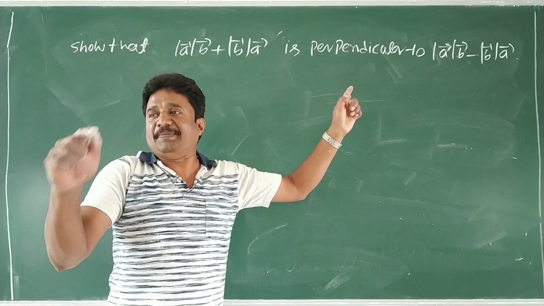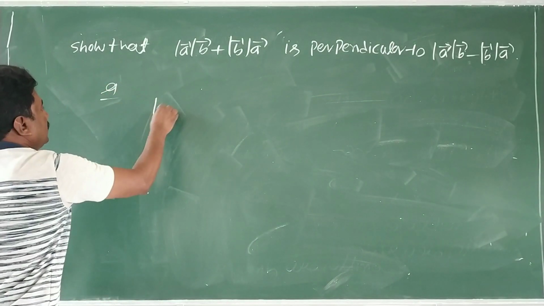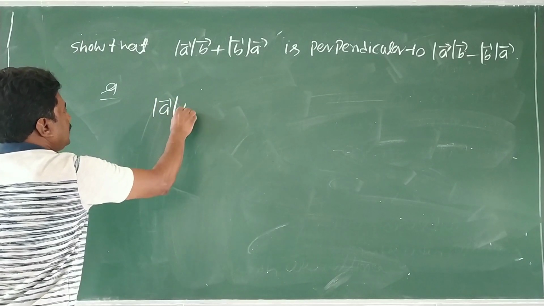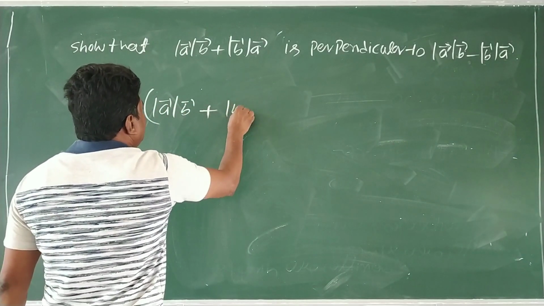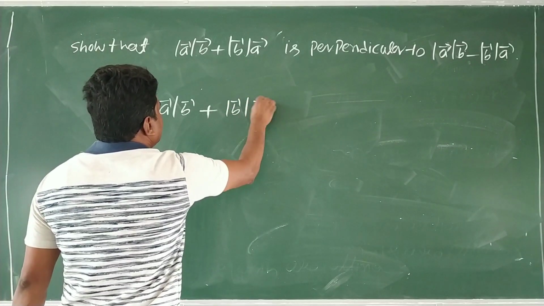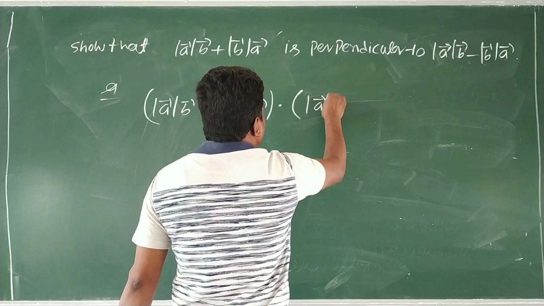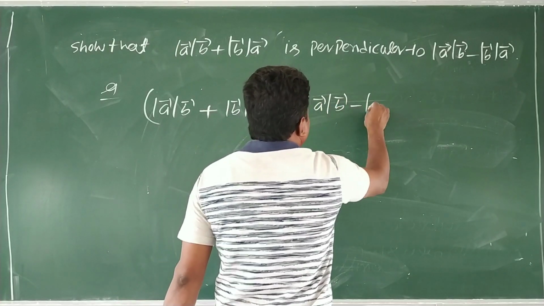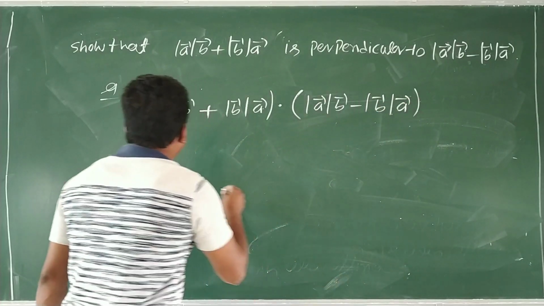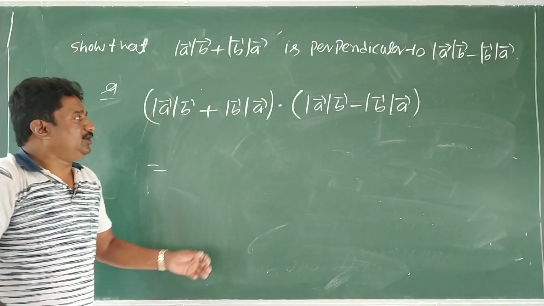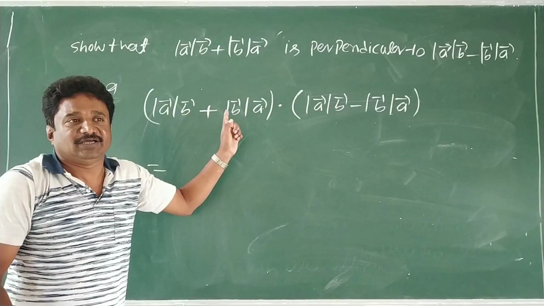Solution. So let's find out the dot product of the vectors: length of vector A into B plus length of vector B into A, dot, length of vector A into B minus length of vector B into A. Look at this, students. I am finding the dot product of the two given vectors.